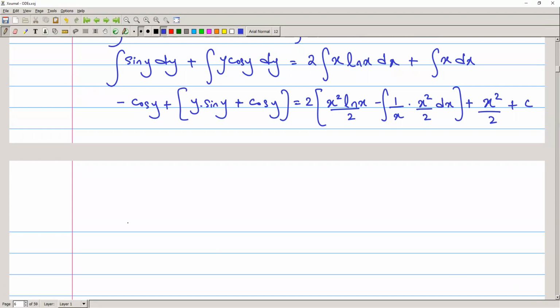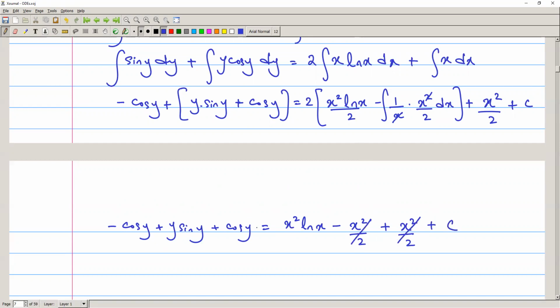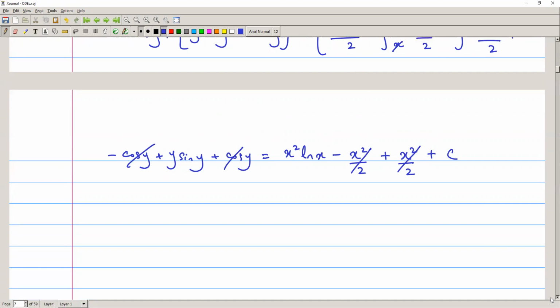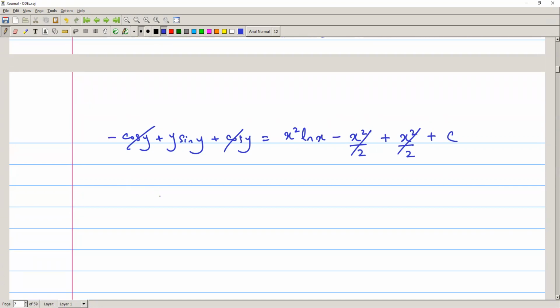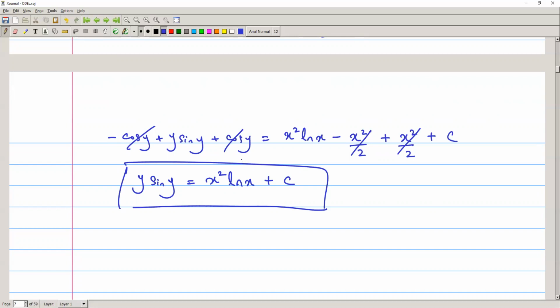Right, and then we can simplify: negative cosine y plus y sine y, positive cosine y is equal to x squared ln x minus x squared over 4 plus x squared over 2 plus c. So this cancels out, and we are left with y sine y is equal to x squared ln x plus c. So this is the solution for the given differential equation, right?